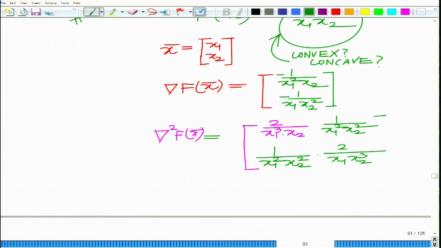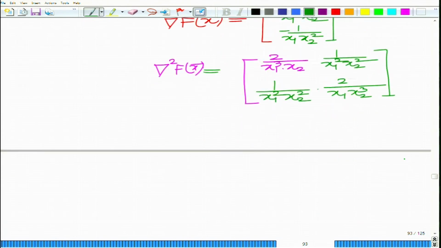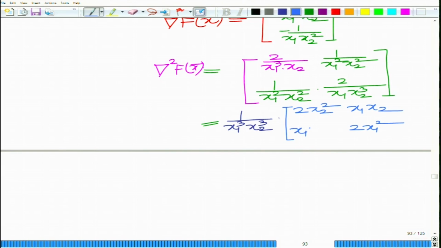Okay, and now we have to see whether this matrix is positive semi definite, and you can simplify this by bringing x1 cube x2 cube outside. This will be 1 over x1 cube x2 cube times the matrix with entries twice x2 square, x1 x2, x1 x2, twice x1 square.